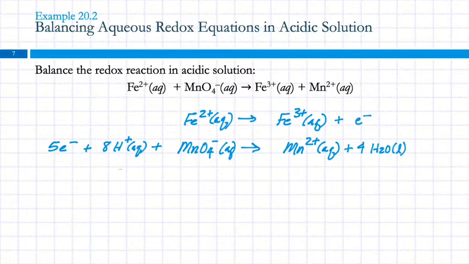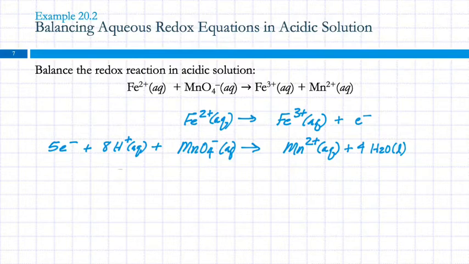So I want to be able to add these two equations together and have the electrons cancel each other out. But here I've got 5 electrons that I'm using, and this is only giving me 1 electron. So what I'm going to do is multiply all the coefficients by the same number until I get what I want.